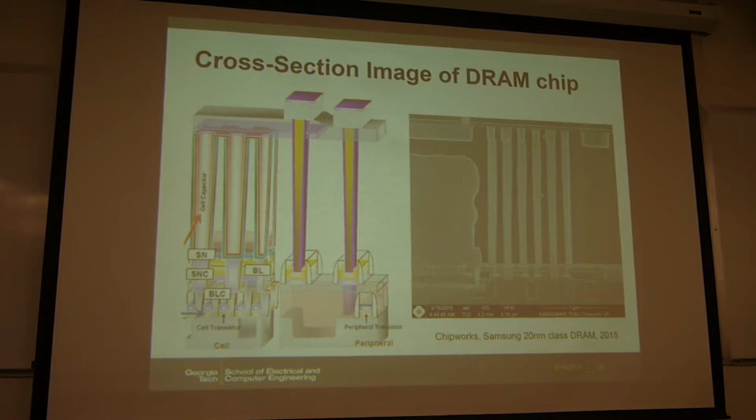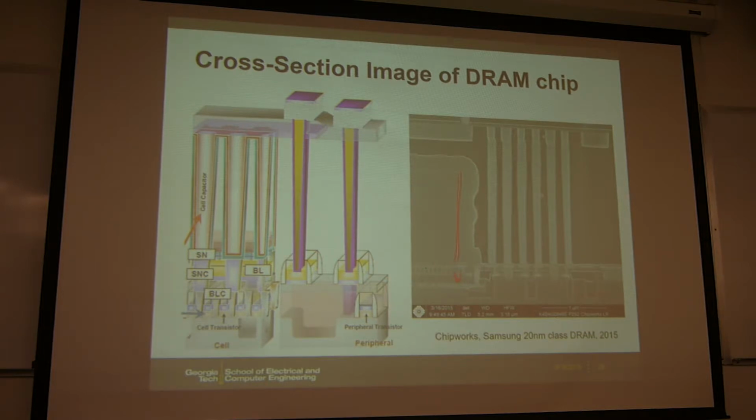So let's look at some of the real images here. Again, the left-hand side is the schematic, and the right-hand side is the real reverse engineered Samsung 20 nanometer class DRAM under the TEM, the microscope. Can you see where is the DRAM transistor and DRAM capacitor? It's here, similar to the schematic. Here we have the DRAM capacitor and the DRAM transistor.